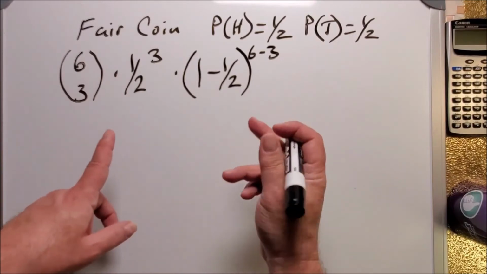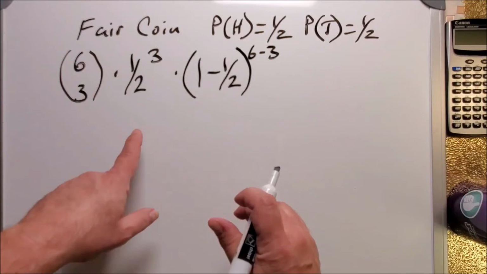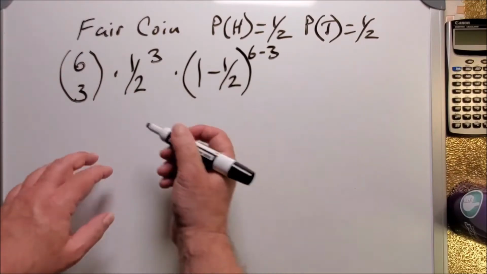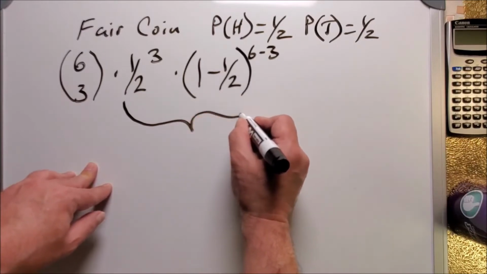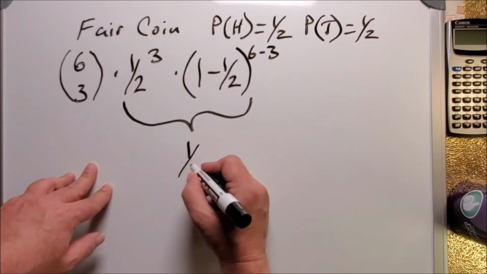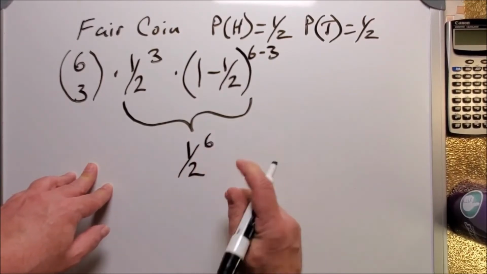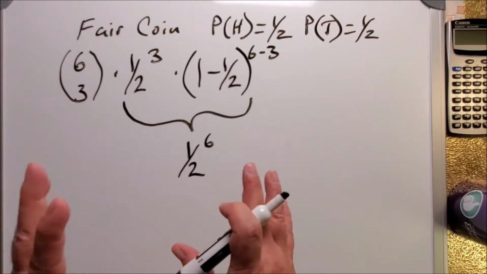So this is another illustration for why I like to mix it up a little bit and use different probabilities. It's really tempting to say, hey, I see that this is 1/2 to the 3rd power times 1/2 to the 3rd power. Let's just make it 1/2 to the 6th power, and that's a valid shortening when you're really comfortable with this and you really know what you're doing.